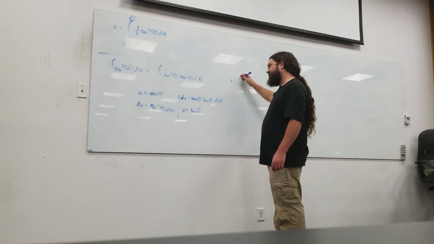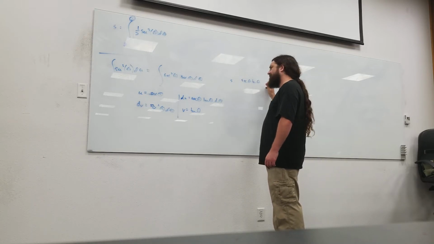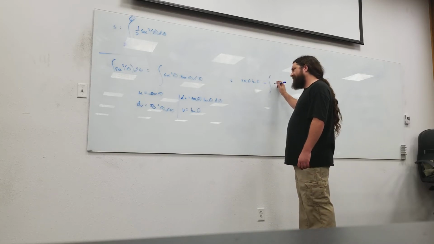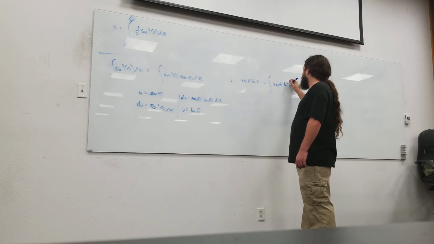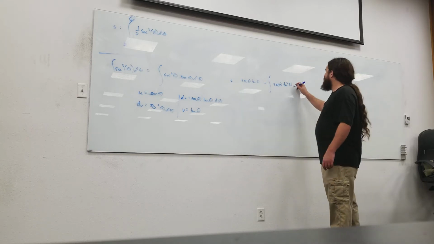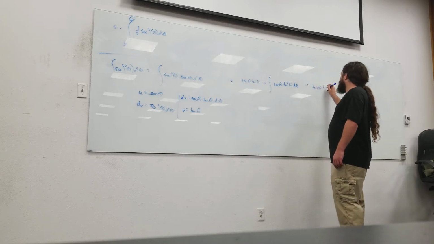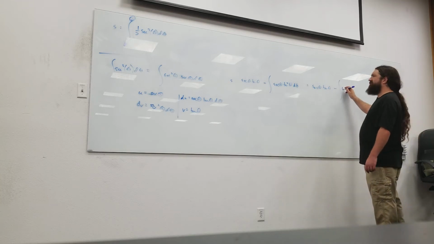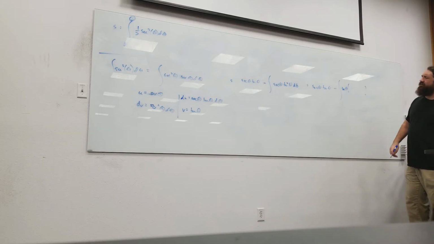So this is u times v, so it's secant theta tangent theta minus the integral of v du, which is the integral of secant theta times tangent squared theta. And here's where I'm going to use that same trig identity. So I'm going to get secant theta tangent theta minus the integral of secant theta times what's equal to tangent squared?